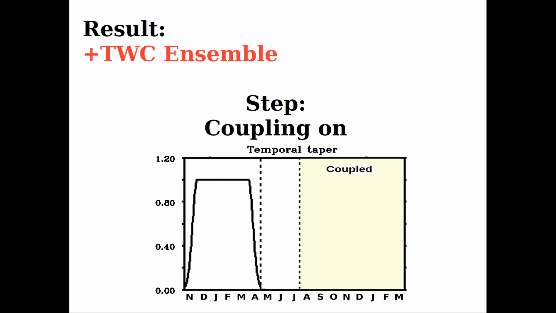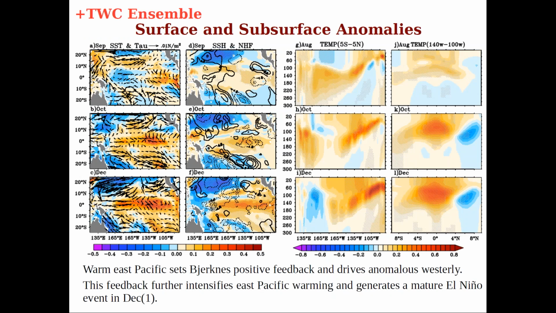Now we turn on the coupling to see how this anomaly, which is forced by the TWC run, evolves when the ocean and atmosphere are coupled to each other. You can see that there is a warming in September after turning the coupling on, and it induced a westerly wind over the equatorial Pacific.